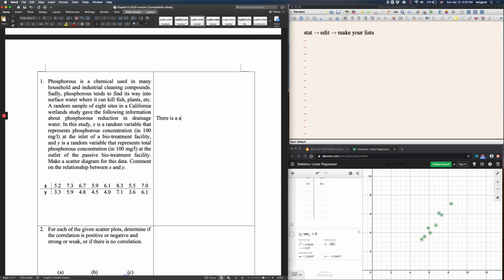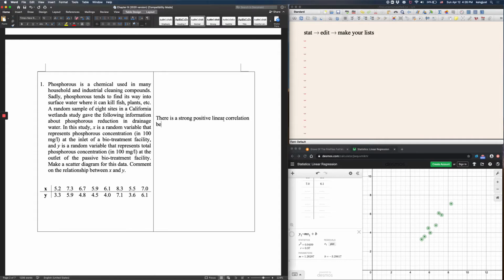There is a strong, because again r is 0.97, and just by looking at the graph you can see it's strong. They're pretty obviously in a line, right? Almost a line. So it's a strong positive because as x increases, y is also increasing, right? Strong positive linear correlation between x and y.